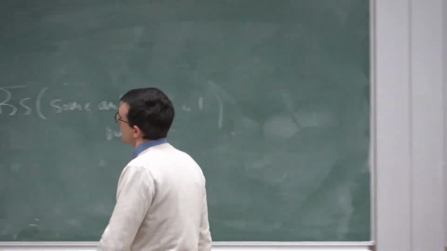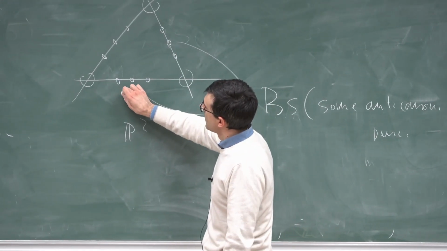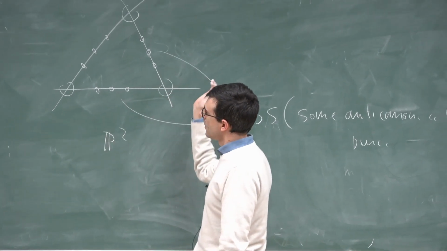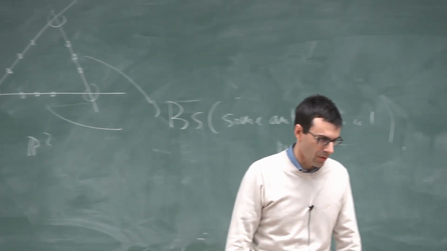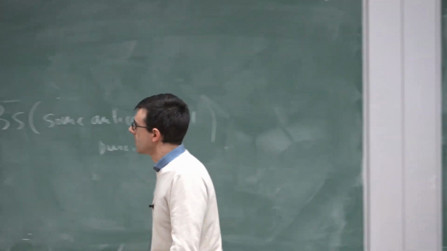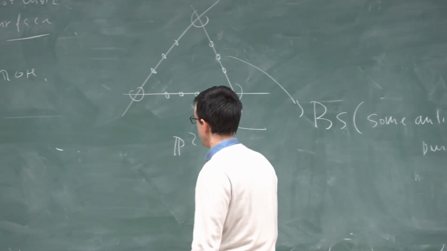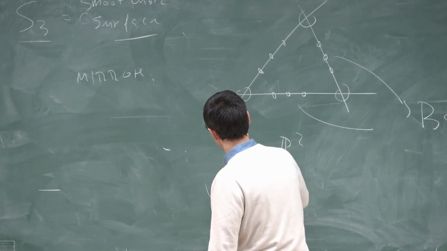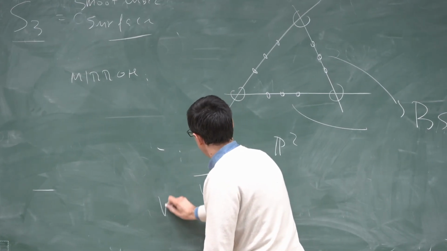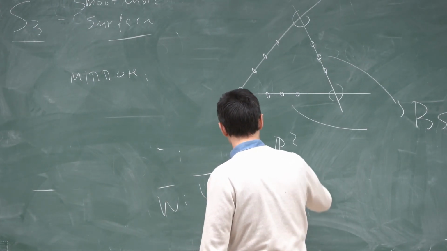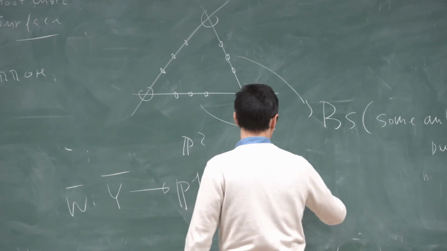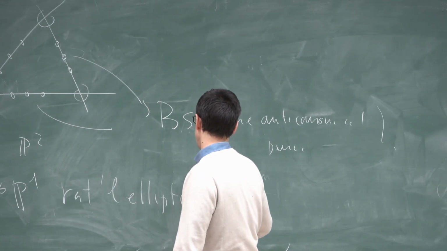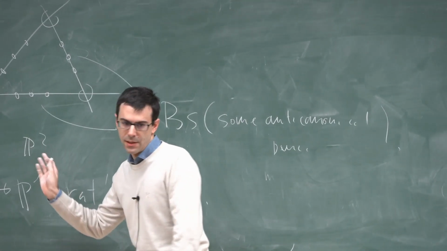So the question is, can you make this compactification land into some Hausdorff moduli space of surfaces, which in this case will be rational elliptic surfaces. So this W bar in this case, for all the del Pezzos, is a rational elliptic surface. And the answer in this case is yes.